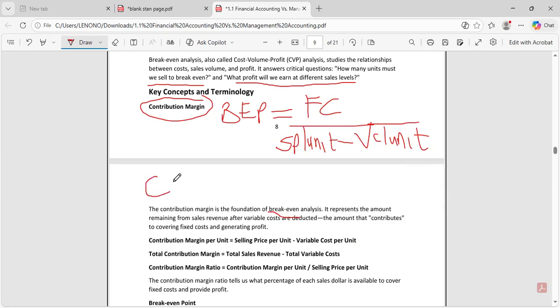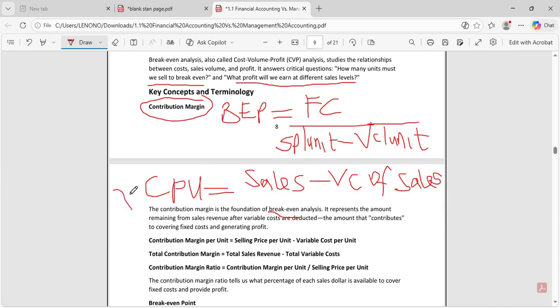So our contribution per unit is equal to sales minus variable cost of sales. This is how you get what we call contribution. CPU simply means contribution per unit, so you don't necessarily worry about it.